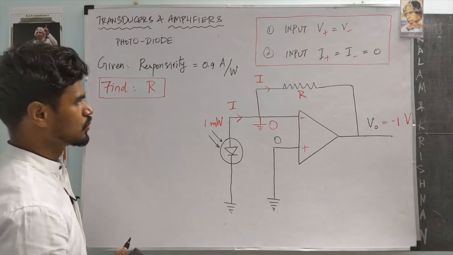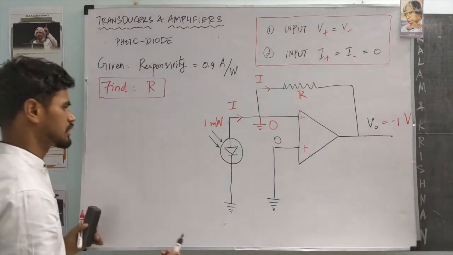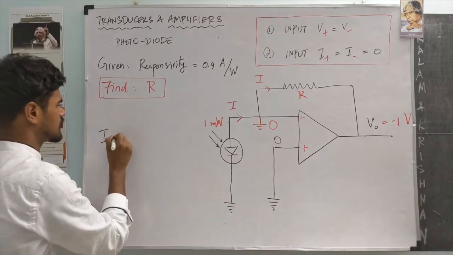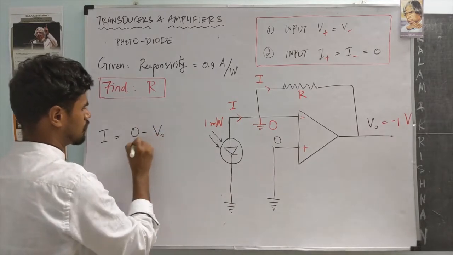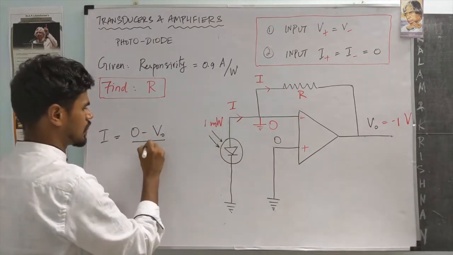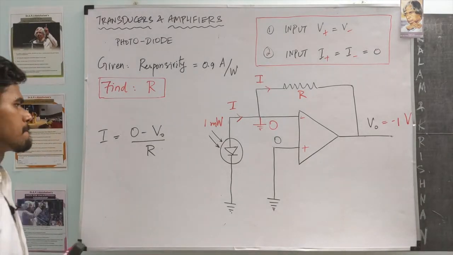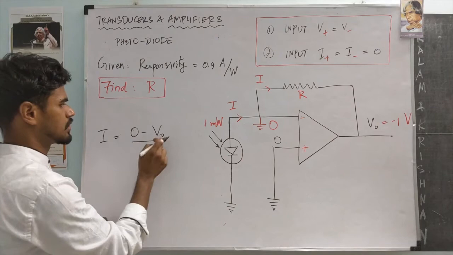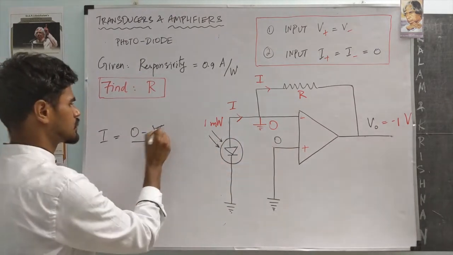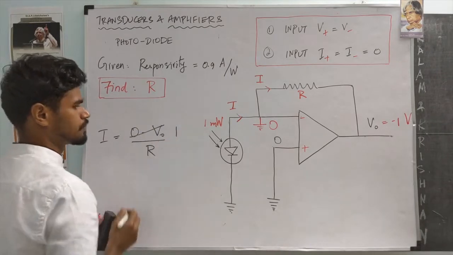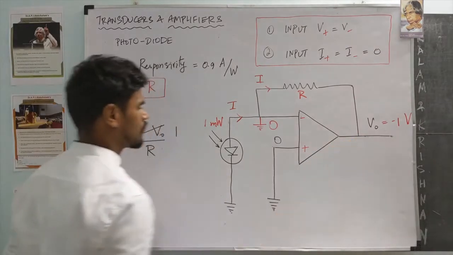Using those two rules, now we can relate the current, resistance and the voltage. That's straightforward. The current is 0 minus V naught divided by the resistance R. First of all, V naught is minus 1, so this term will become plus 1. Substitute for V naught, that is known.